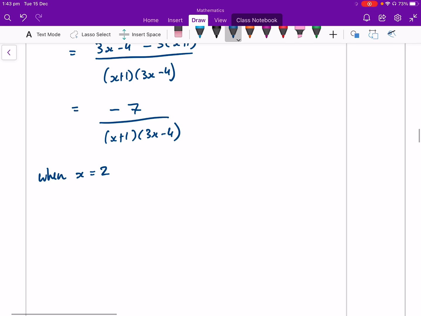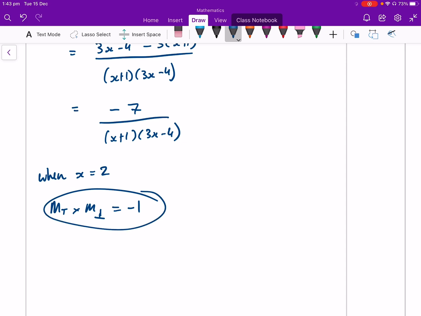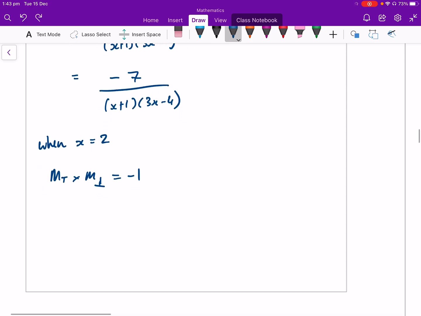now remember when I'm looking for perpendicular gradients, I have the gradient of the tangent multiplied by the gradient of the perpendicular equals negative 1. Okay, so here I'm going to sub 2 in, and then I'm going to put that answer into this solution here to solve for the perpendicular gradient, or the gradient of the normal.